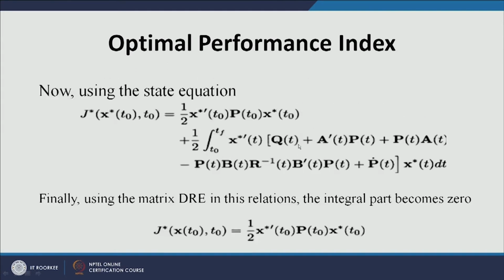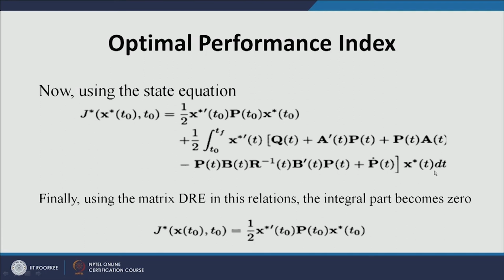By expanding this, as we have seen here, we got half of x t0, P t0, x t0 plus half of x transpose Q plus A transpose P, P A minus P B R inverse B prime P plus P dot, x of t. And if you see, this is nothing but my matrix differential Riccati equation, whose value is 0.